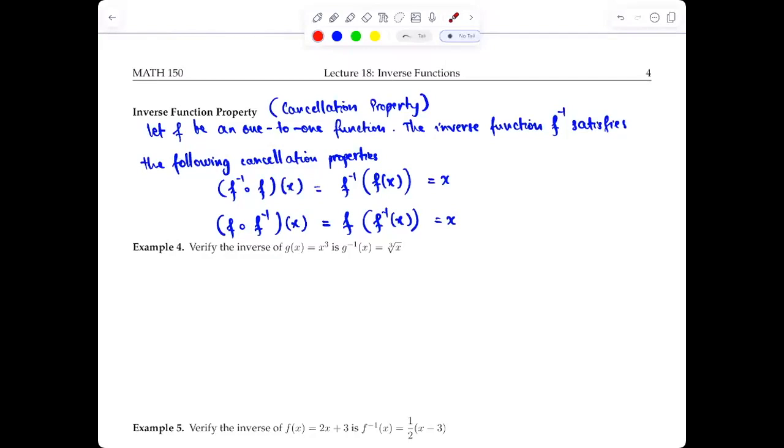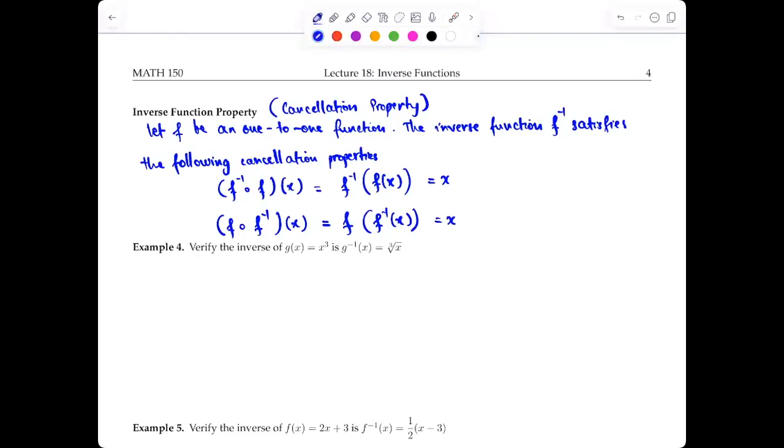All right, so that leads us to example 4. Can you verify that g of x equal to x to the third power and the cube root of x are inverses of one another? When you perform these calculations, the answer should be x.